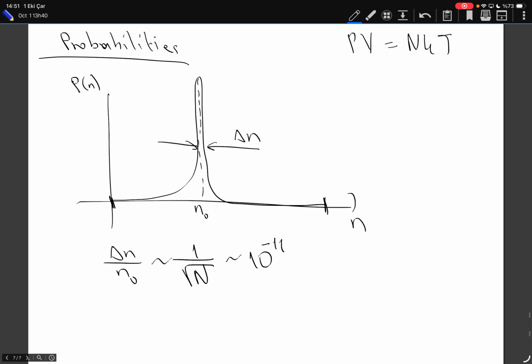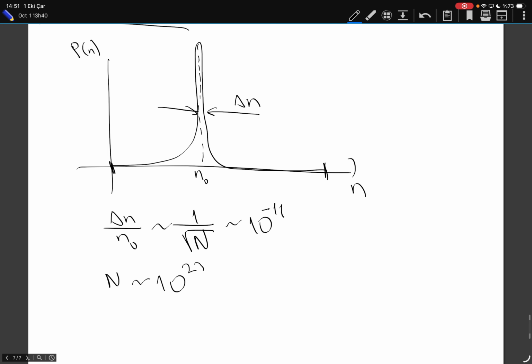So practically, you will not see that. Although we will be dealing with probabilities, our results will be valid with a probability 1. The probability of observation in violation of most of our results will be 0, assuming n is of the order of 10 to the power 23.